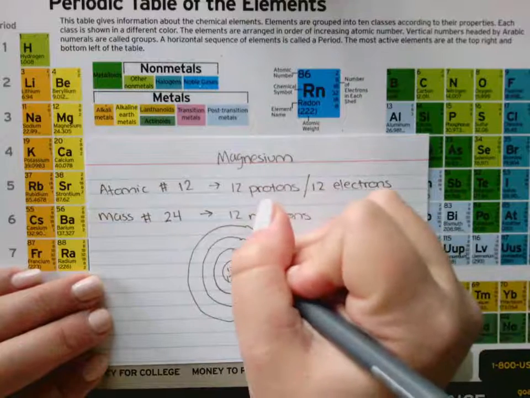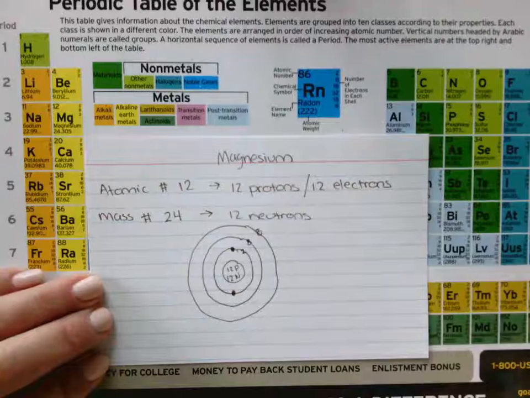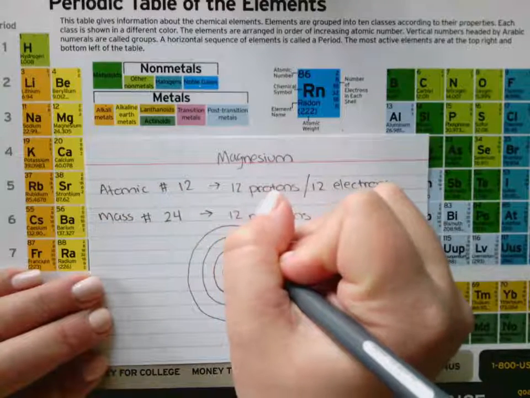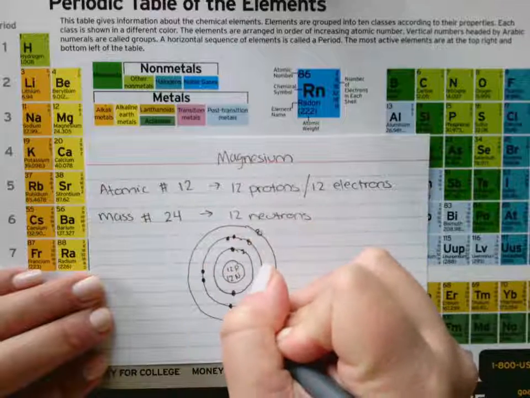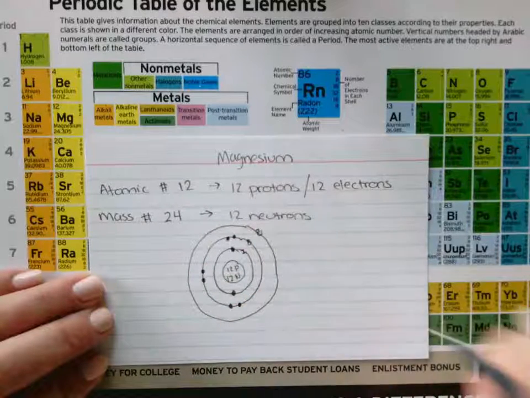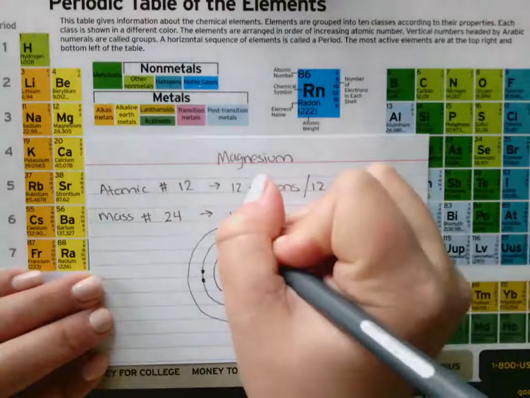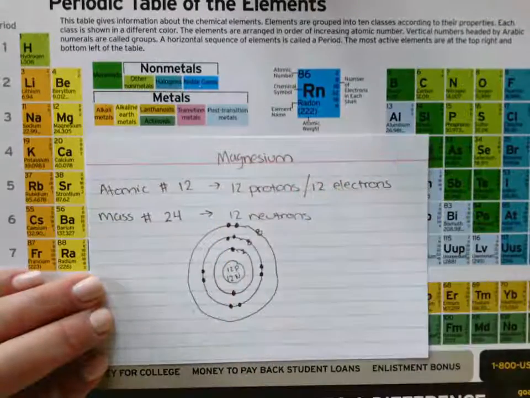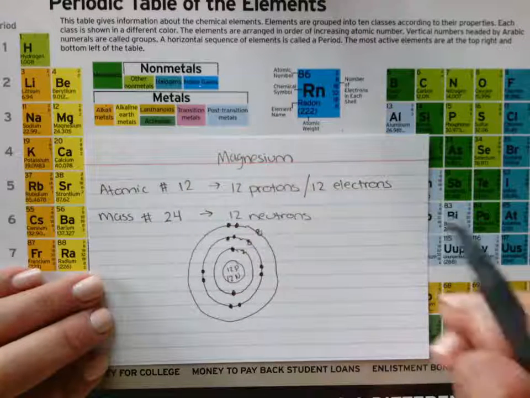So here are 1, 2. I need to get up to 12. 3, 4, 5, 6, 7, 8, 9, 10, 11, 12. And there we have our magnesium atom.